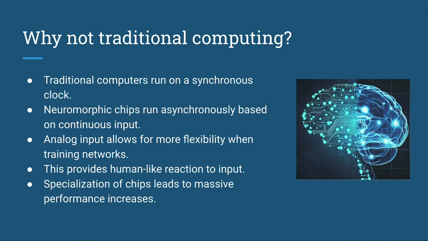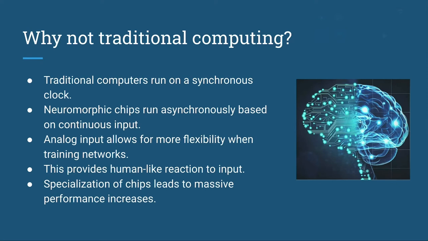Well, there are a few reasons why neuromorphic chips are becoming increasingly prevalent in the realm of machine learning. The first is that neuromorphic chips do not run on a synchronous clock, as traditional computers do. They run asynchronously based on continuous input.